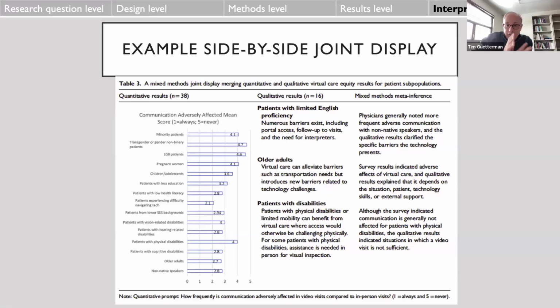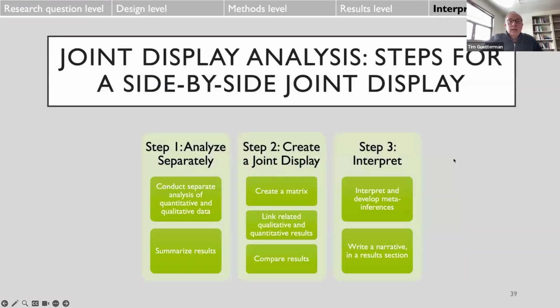So this is, again, a visual way of not only conducting that integrative analysis, but reporting it. And this joint display, like the other one we just looked at, actually went through multiple iterations. And we would argue that preparing this joint display is actually conducting integrative analysis as you're going through those multiple versions.